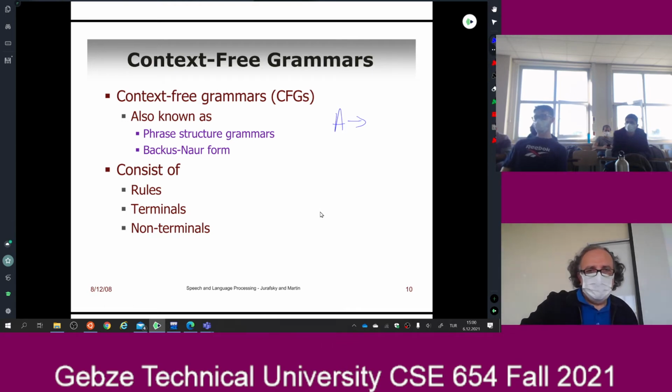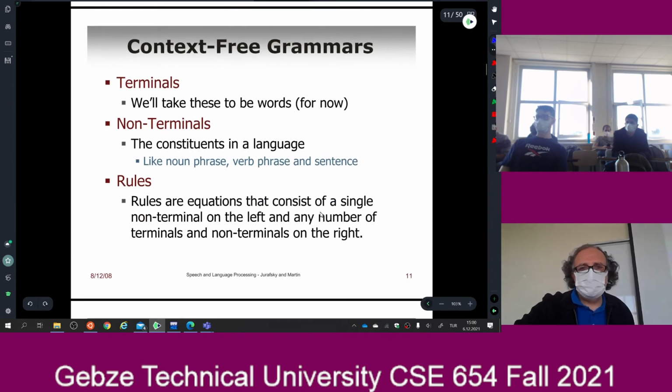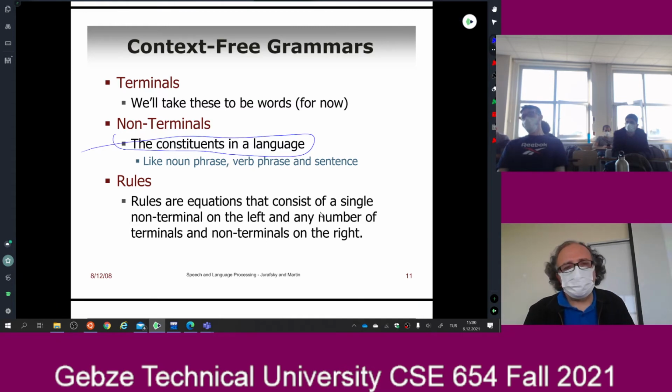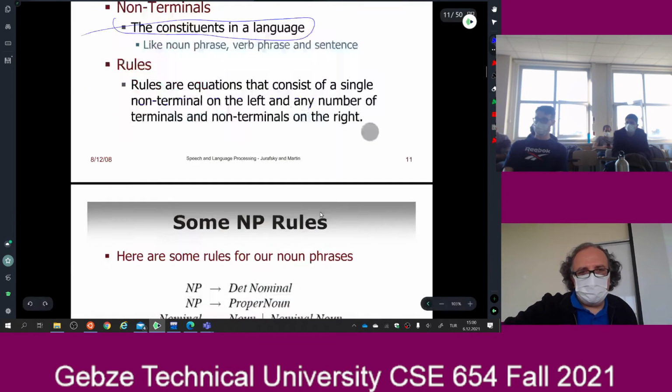So we have rules, terminals, and non-terminals. Terminals are again the words. Non-terminals are constituents, and rules are each having a left and right side. On the left, for context free grammars, you can have only a single non-terminal.